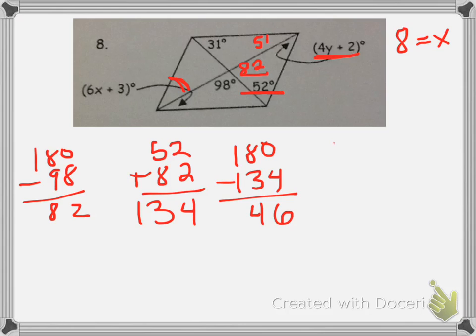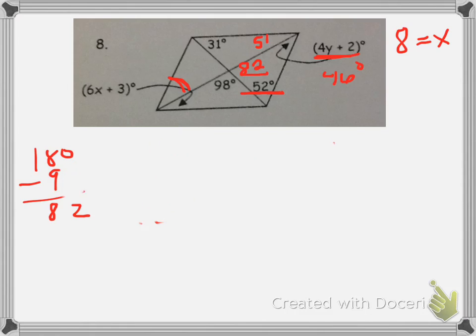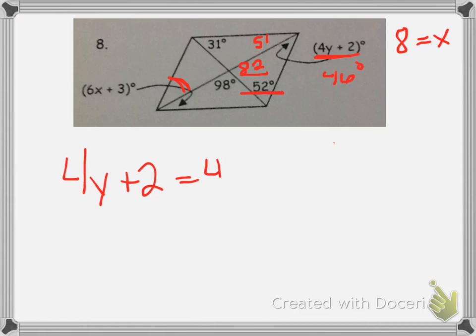So that means that this right here is 46 degrees. So I'm going to set it equal to 46. So 4y plus 2 equals 46. Take away 2 from both sides. 4y equals 44.